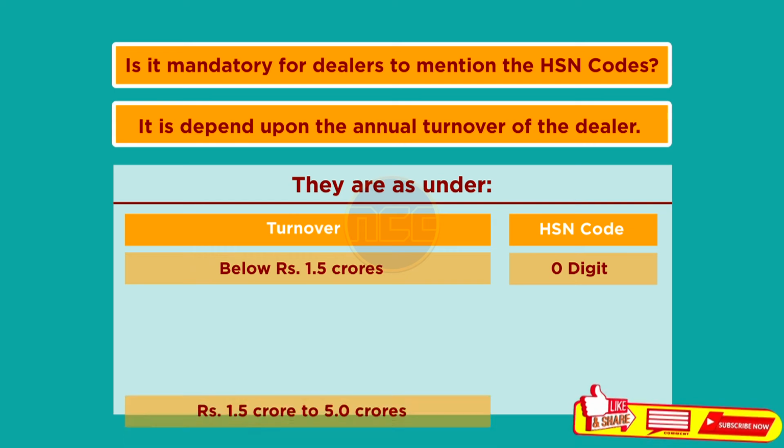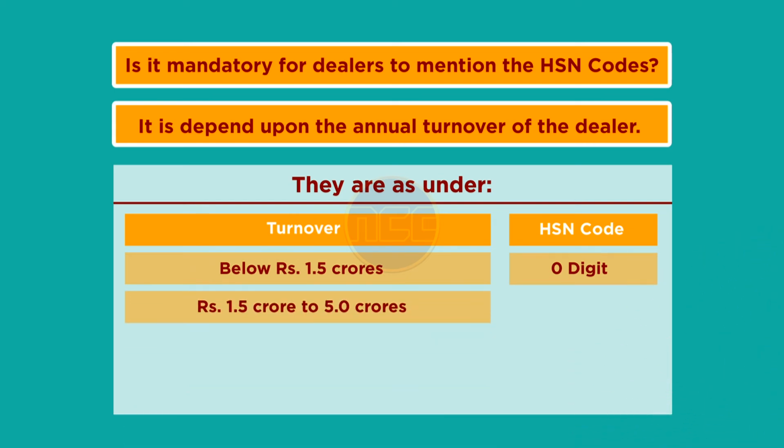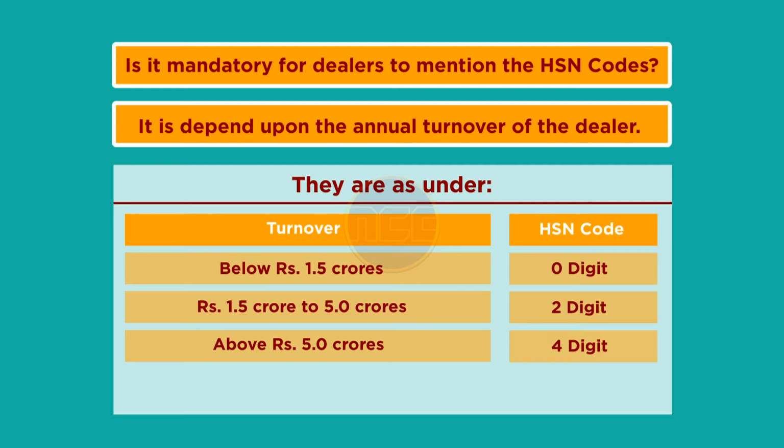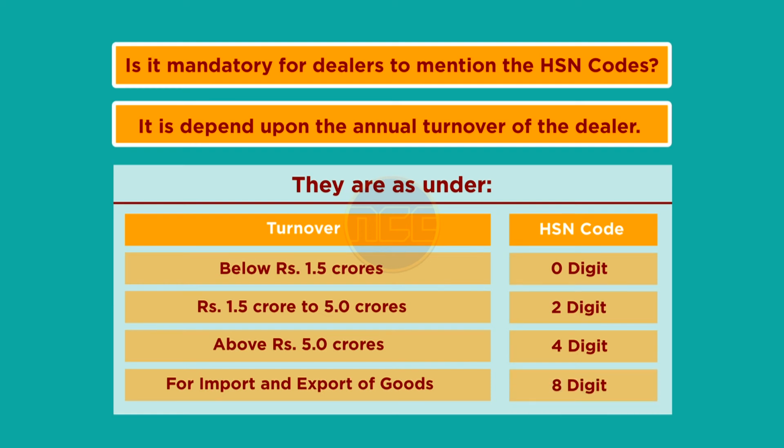If turnover is between rupees 1.5 crore and 5 crores, then that trader must use a 2-digit HSN code. If turnover of that trader is above rupees 5 crore, then he should use 4 digits. For import and export of goods, the trader must use an 8-digit number, that is compulsory for him.